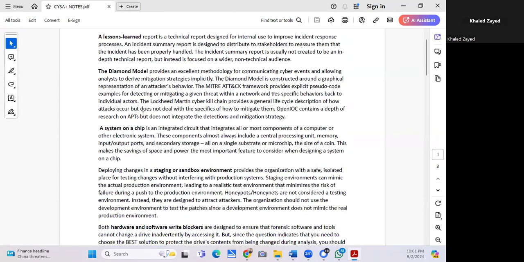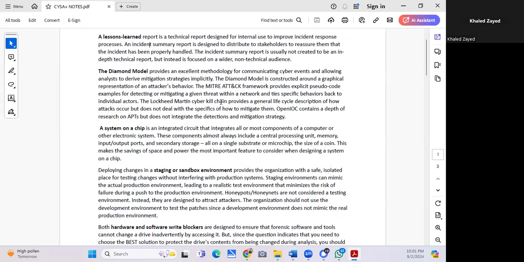The next note I have here, the diamond model, basically provides an excellent methodology for communicating cyber events and allowing analysts to derive mitigation strategies implicitly. The diamond model is constructed around a graphical representation of an attacker's behavior. The MITRE ATT&CK framework is different than the diamond model, which provides explicit pseudocode examples of detecting or mitigating a given threat within the network, and then ties a specific behavior back to that individual actor.